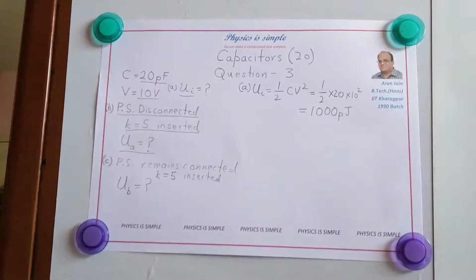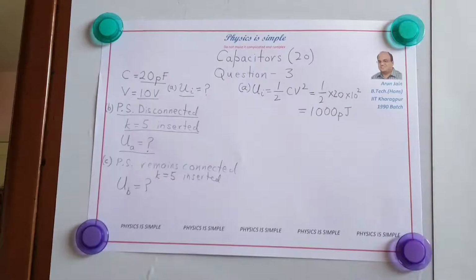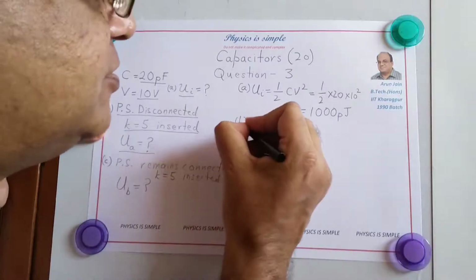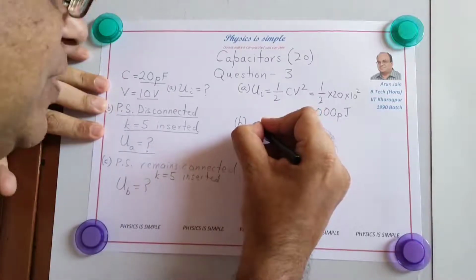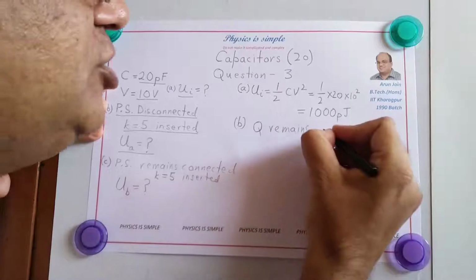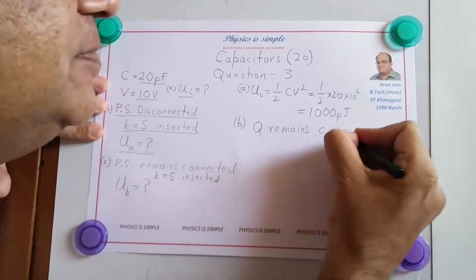Now, in the B part, the power supply is disconnected. Once we remove the power supply, charge is trapped. So Q remains constant, because charge is trapped.